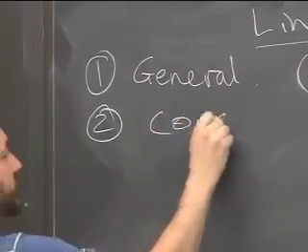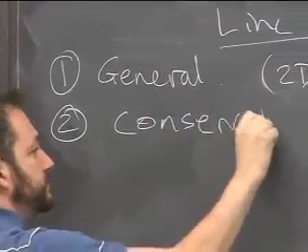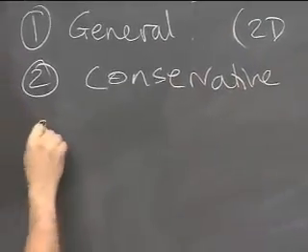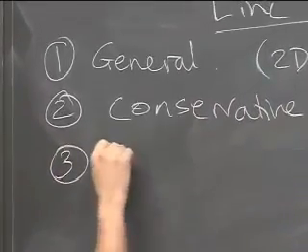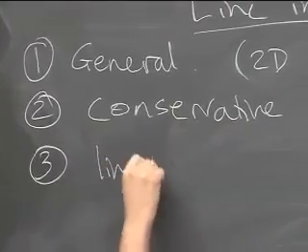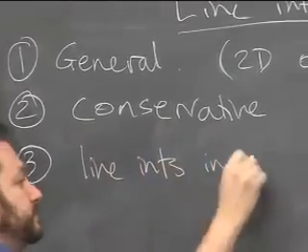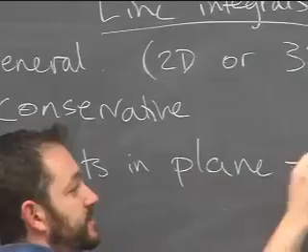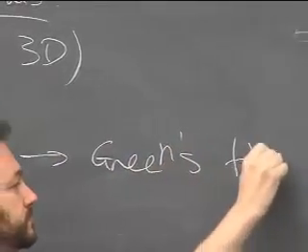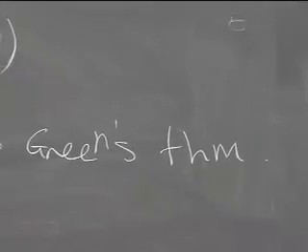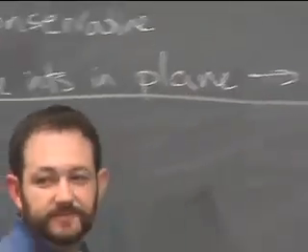Then we've got this notion of conservative vector fields and their relation to line integrals. And finally, I'm going to look at line integrals in a plane, and that's going to lead us into Green's theorem. Okay, so that's the agenda for the first half.